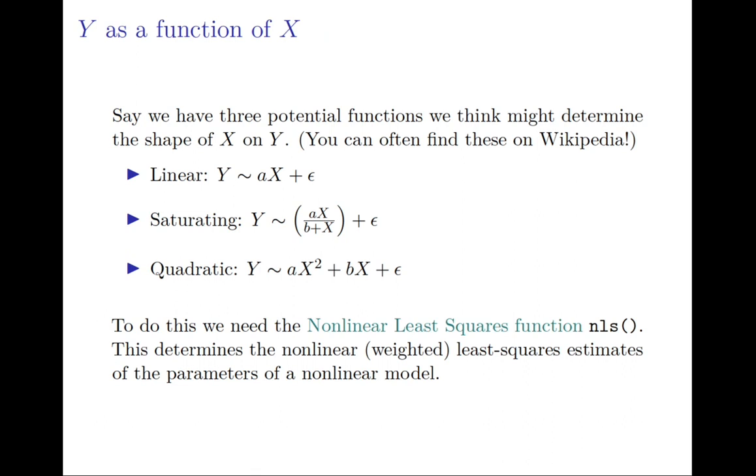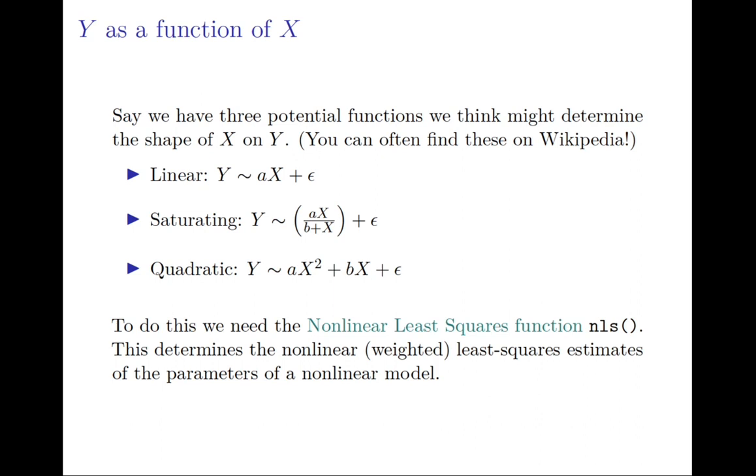What do I mean by y as a function of x? Say you have three potential functions that might determine the shape of x on y. You can often find the formulas for these functions on Wikipedia, so if you aren't sure, Google it as usual. You could have a linear function, where y is a coefficient times your x values plus some error.